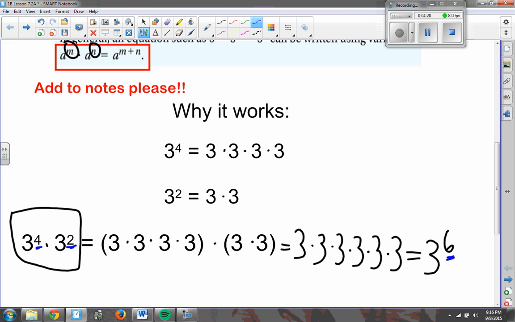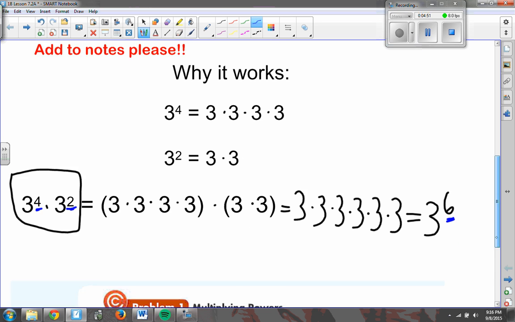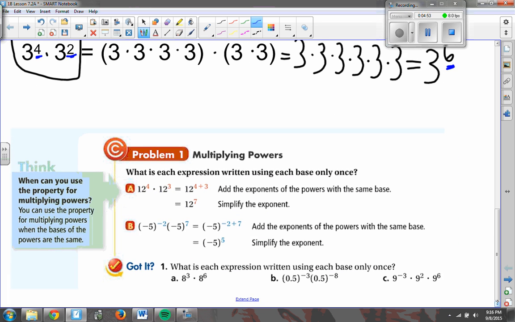So there is the main point of what we are learning in this video, the fact that when we have a number raised to a power times the same number raised to a different power, all we need to do with those exponents is add the two together, and we can have just one expression. All right? Let's see exactly how this is going to look in your practice problem set. There it is right down here.